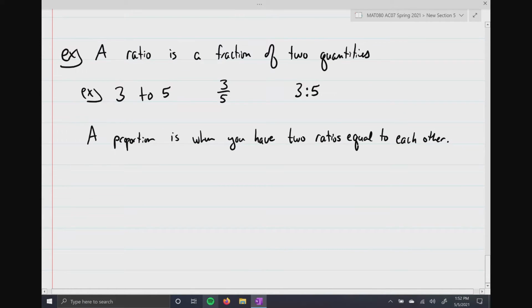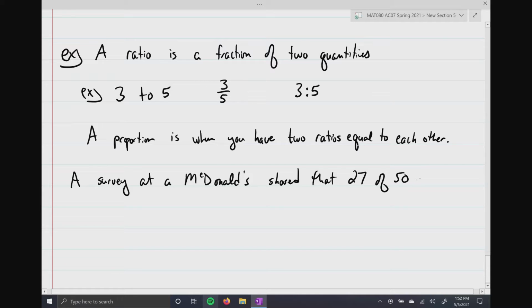Now, since I'm hungry, I'm going to go with this example. A survey at a McDonald's showed that 27 of 50 customers asked for a Big Mac.